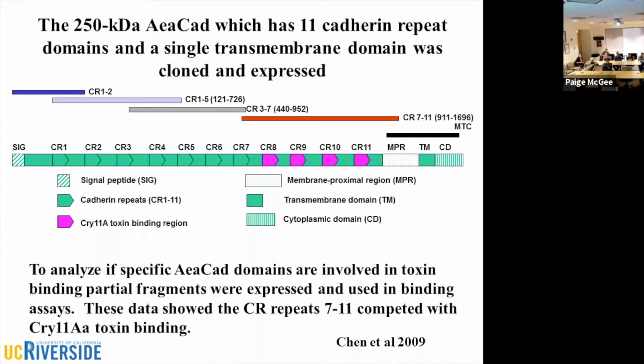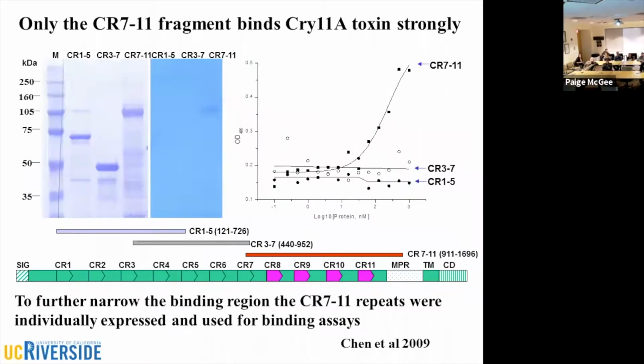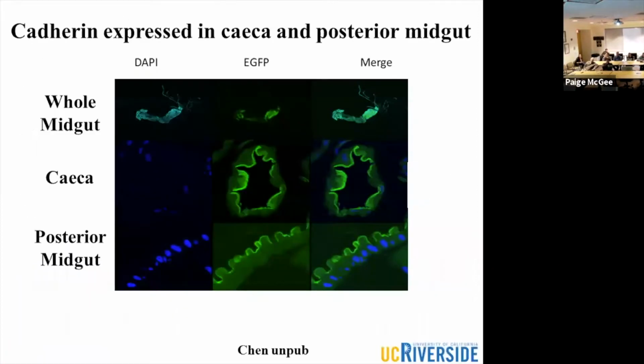We have subsequently determined that it is much closer to cadherin 11 where the toxin actually binds. If you look at the panel on the right, the graph, you can see only one of the domains is binding, that is cadherin repeat 7 to 11. So that region is quite important.